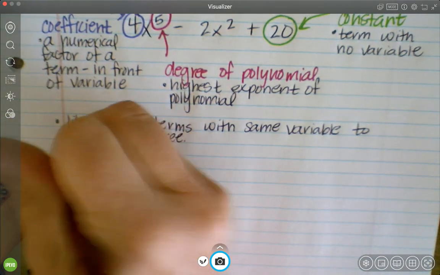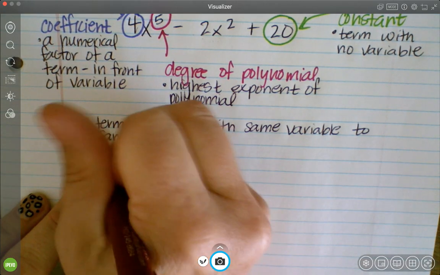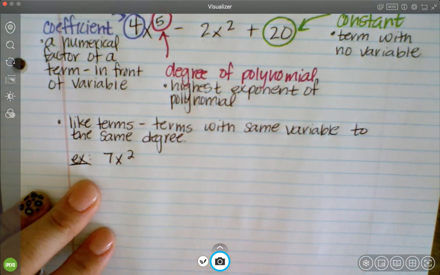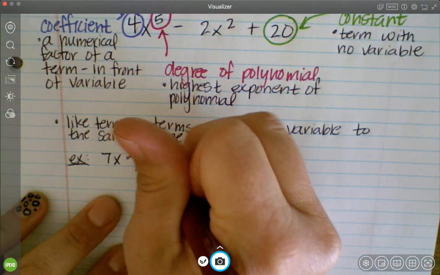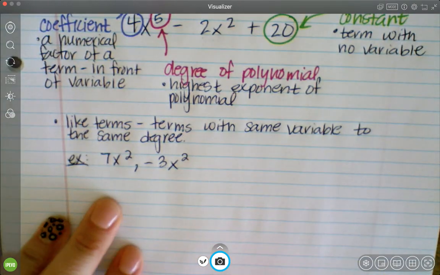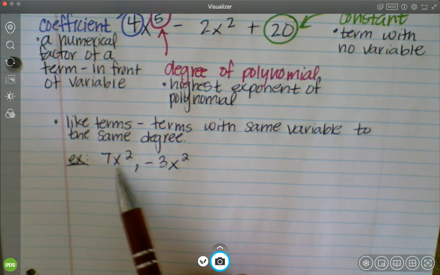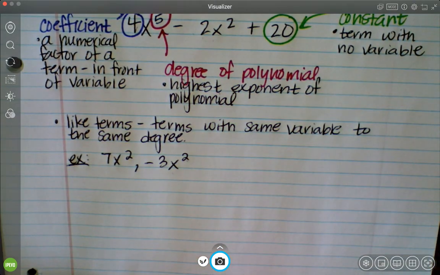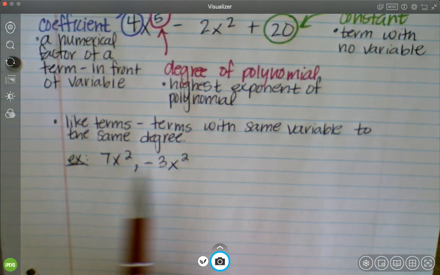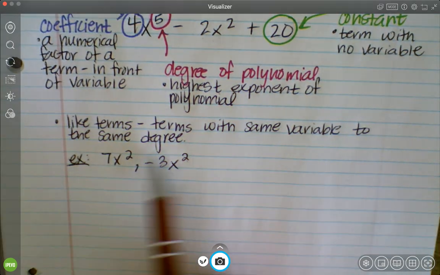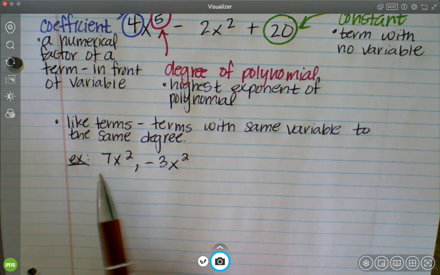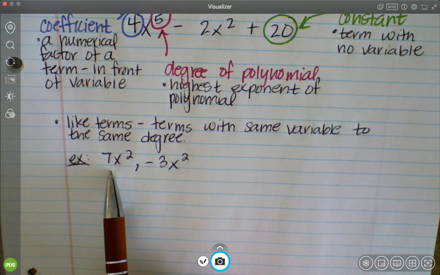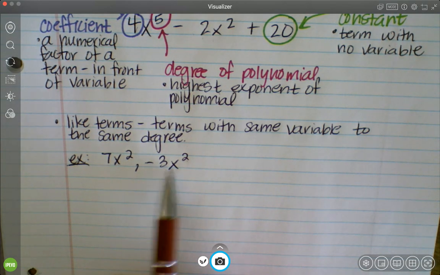So for example, 7x squared and negative 3x squared are like terms because they both have x squared, x to the second power. Now remember, the coefficients don't matter. That's just telling us how many we have of them. So we have 7x squareds here, and we have negative 3x squareds here.